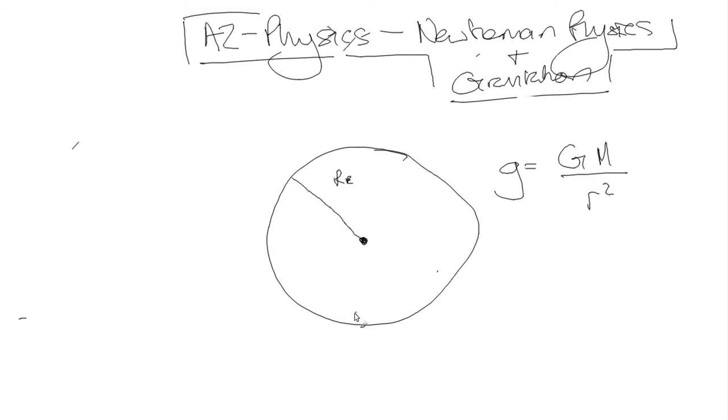Once we get inside the Earth, at any point we'll have mass that's beneath us and mass that's above us, right? So essentially we'll have a mass ratio, and if we assume constant density, we know that density is equal to, what is density equal to?